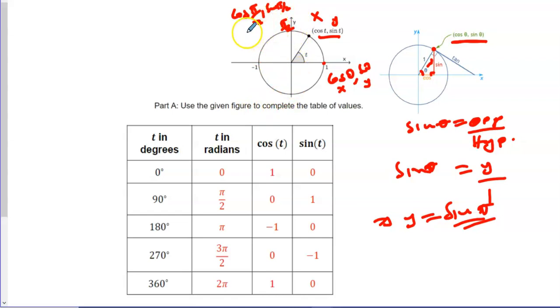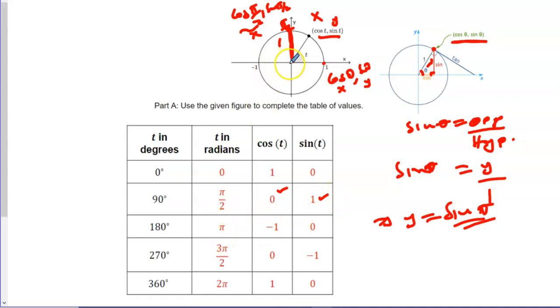Now the cos is representing our x value and the sin is representing our y value. You realize that at pi on 2, we are wholly on the y-axis. And so x is 0, and that gives us cos pi on 2 to be 0. And because we are lying on the y-axis, and this is just like the radius, which is 1, we have sin pi on 2 to be 1.